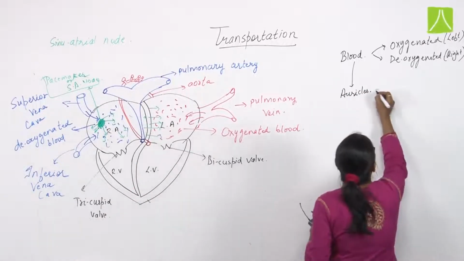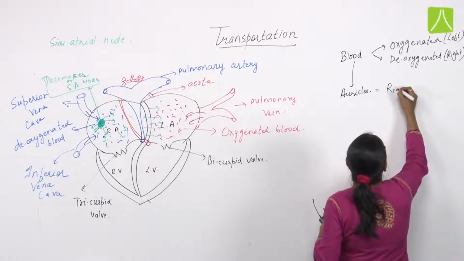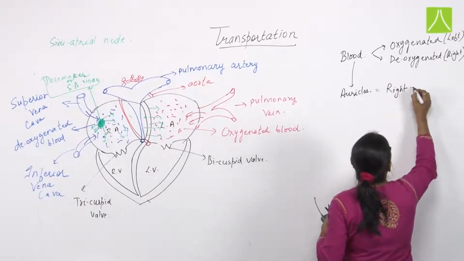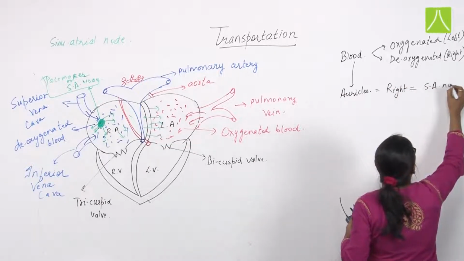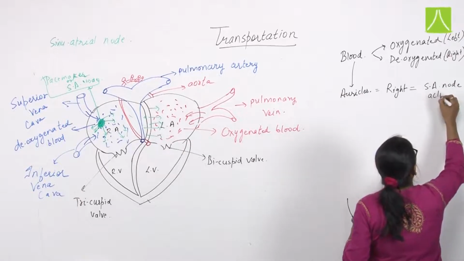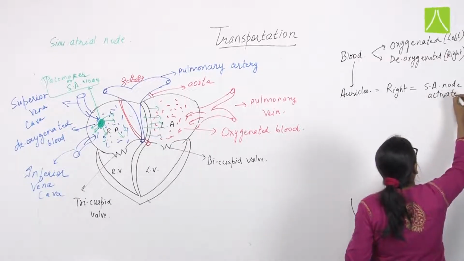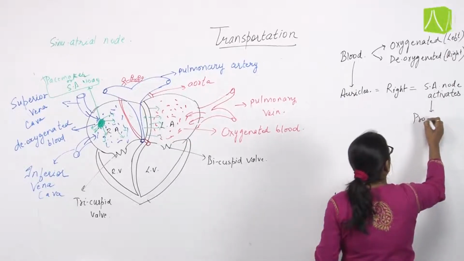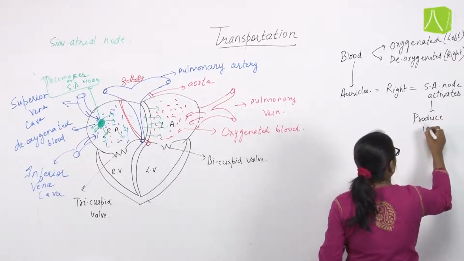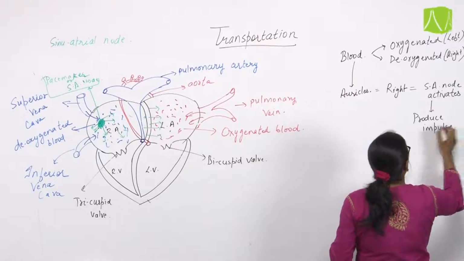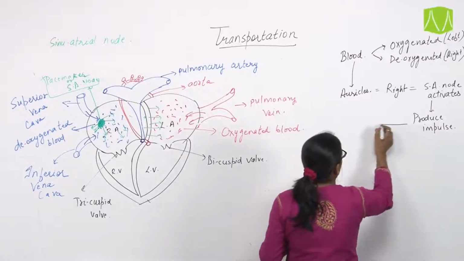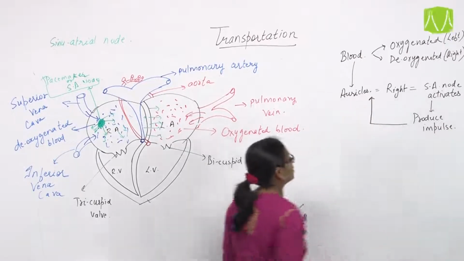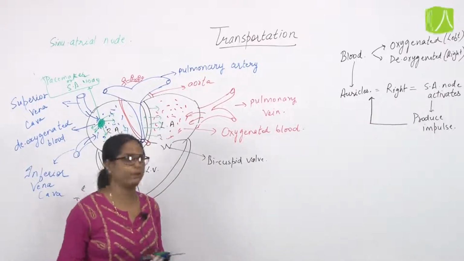In the right auricle, the SA node activates and it produces an impulse. This impulse spreads throughout the auricles, whether right side or left side.